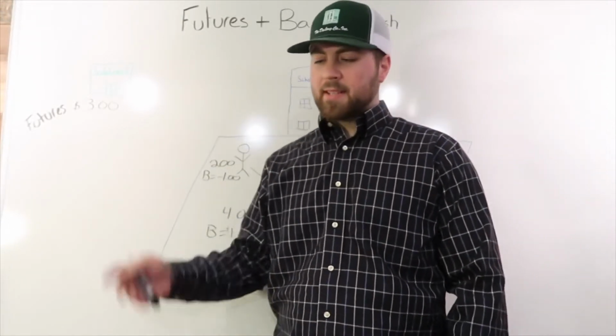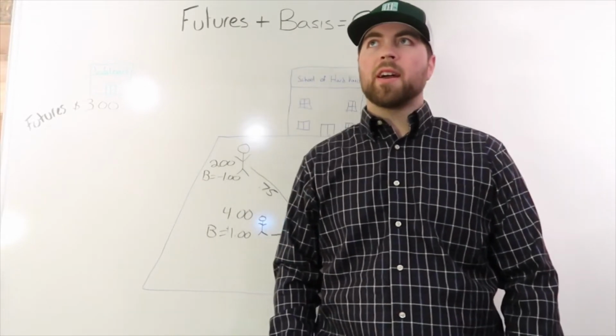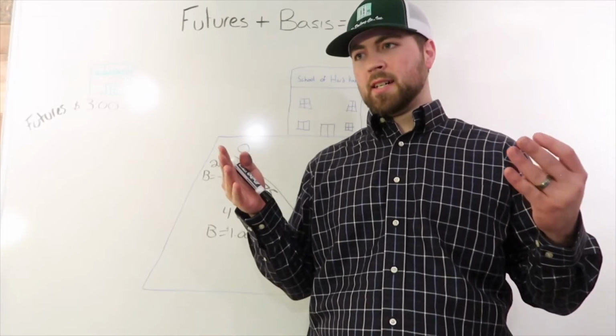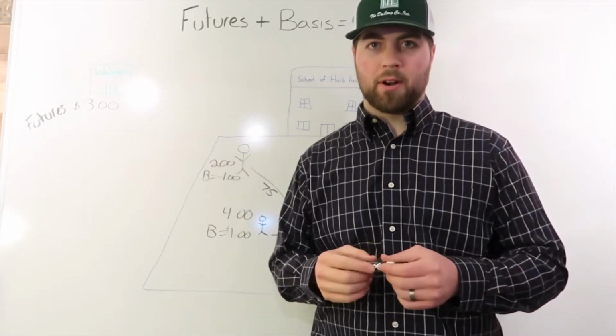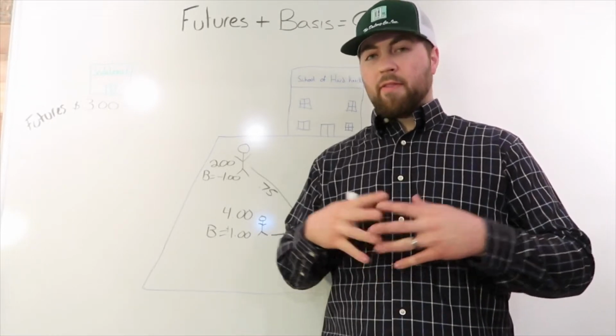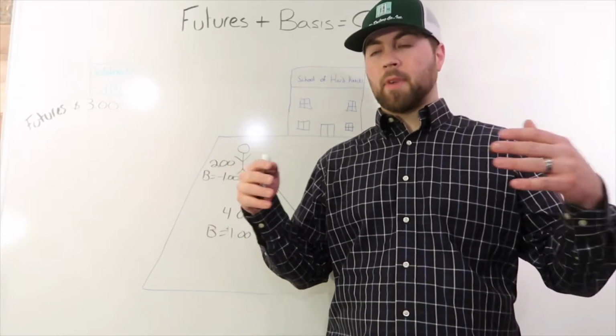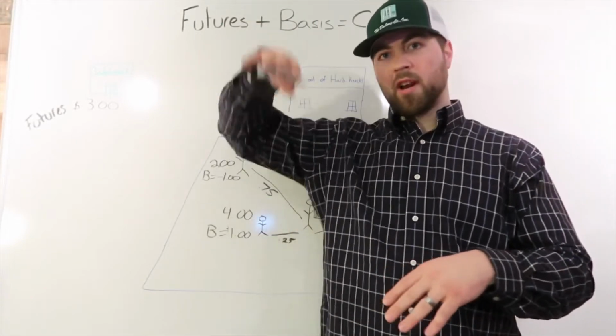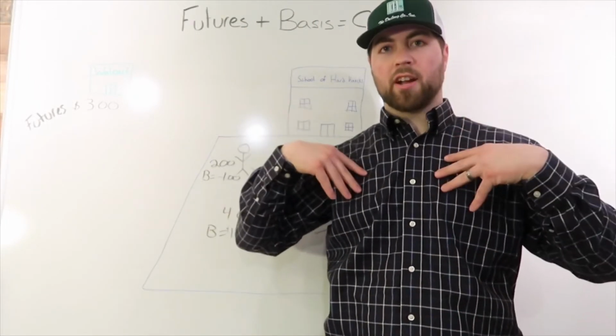Back to basis. How I explain it is, basis is basically the floodgates for a local market. What I mean by floodgates is, if I need grain, I open the floodgates because I need it all. So you raise your basis to attract grain.